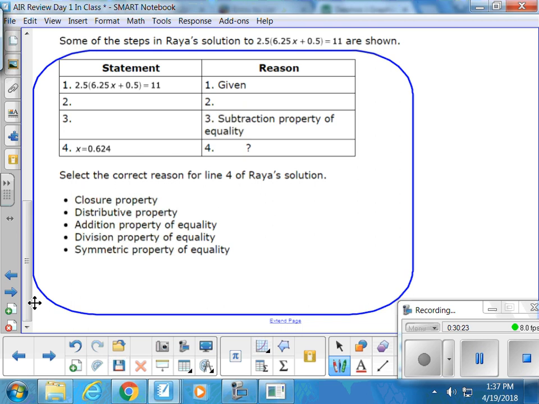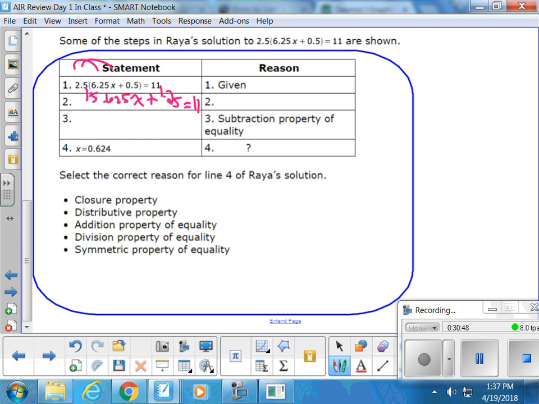If I was solving this problem, I would probably distribute this 2.5 first. Would you agree? Let's go ahead and grab our calculators and do that. So 2.5 times 6.25 would be 15.625 x. And then 2.5 times 0.5 is 1.25. And then that would equal 11.